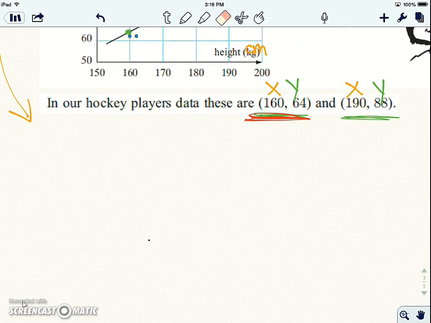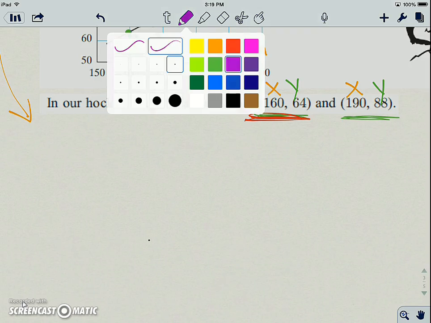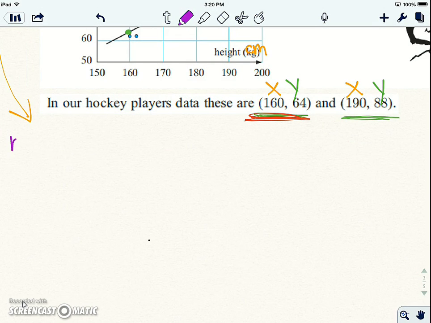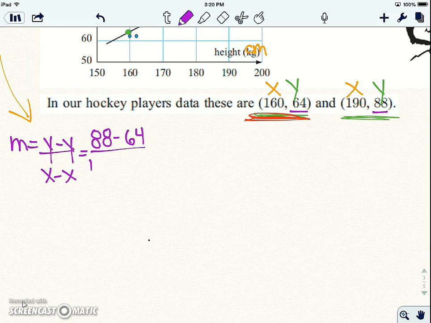And so now we're going to do Algebra 1. How do you find the equation of a line? Well, first off, you need the slope. So the slope is y minus y over x minus x. So I'm going to go y2 minus y1, but you don't have to do it that way. That's 88 minus 64 all over 190 minus 160, which is going to give me 24 over 30.